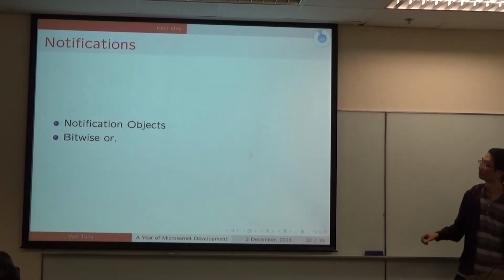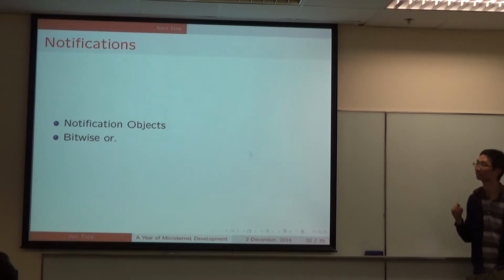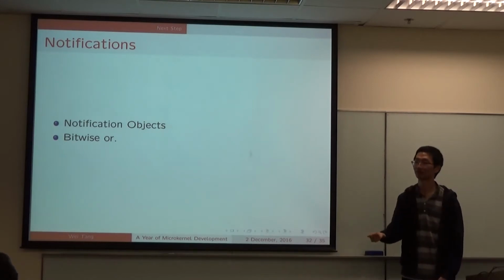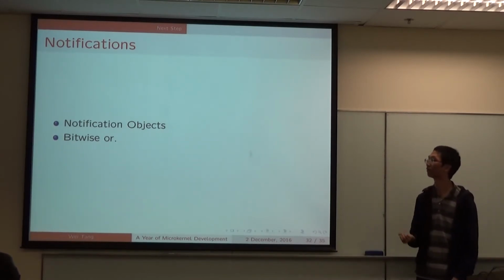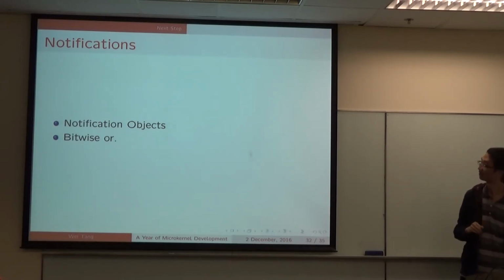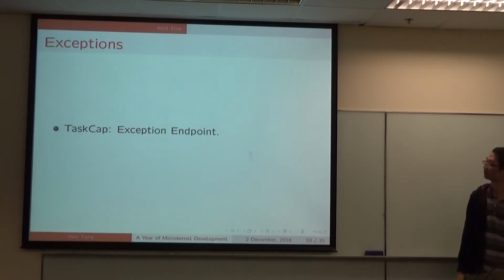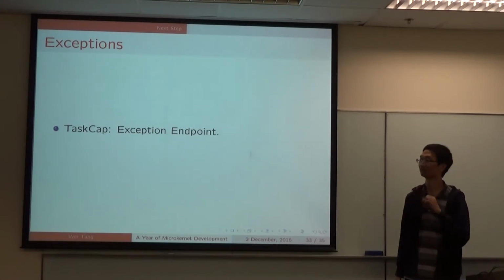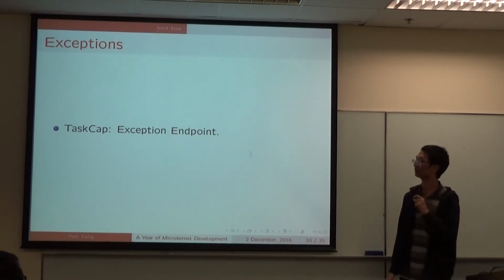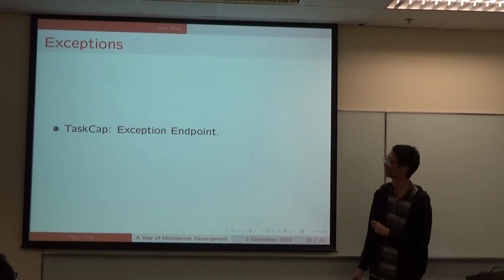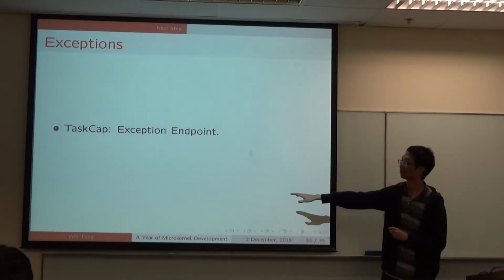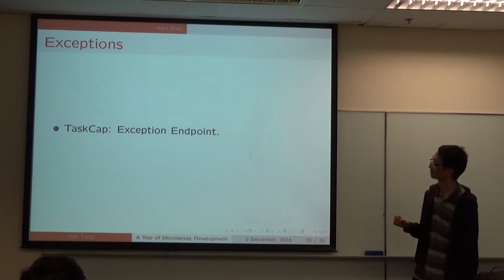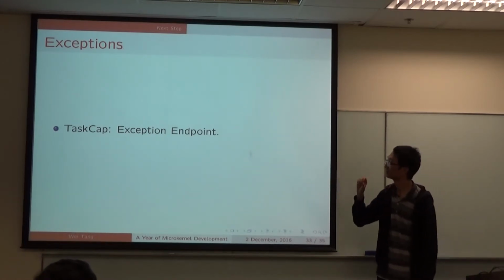Also, notifications are something I haven't implemented. They seem similar to channels, but when I send something to a notification object, it doesn't block; it just does a bitwise OR. And for exceptions, some tasks may send out certain exceptions, and in that case the correct implementation is to have an exception endpoint that other capabilities can be minted from.